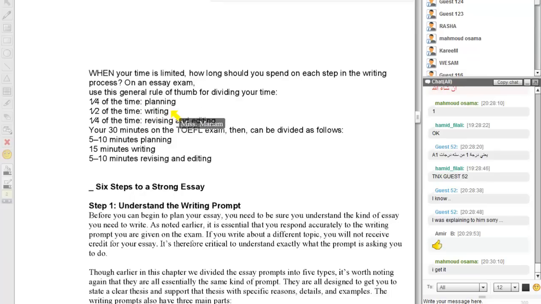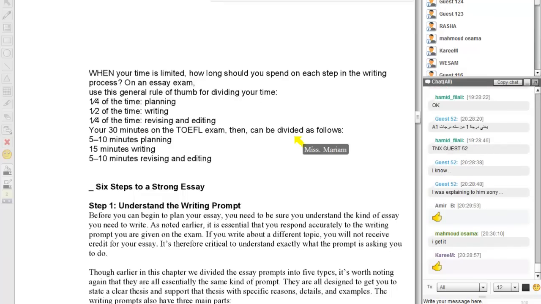From the very beginning, you have to spend a quarter of your time planning, then half of your time writing, and then the last quarter to revise and edit what you wrote. Okay, is it clear? Your 30 minutes on a TOEFL exam can be divided as follows: 5 minutes just to think about your essay, and 15 minutes for writing, right?